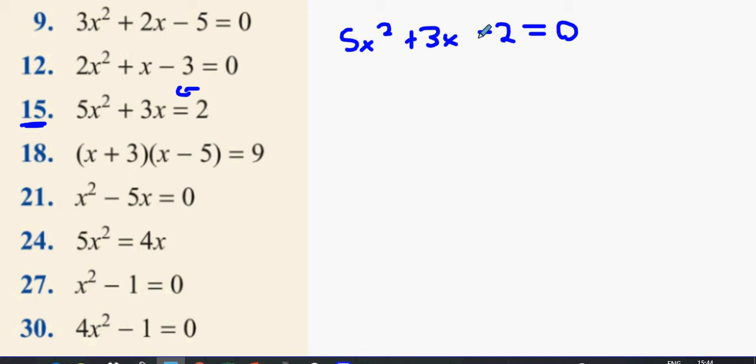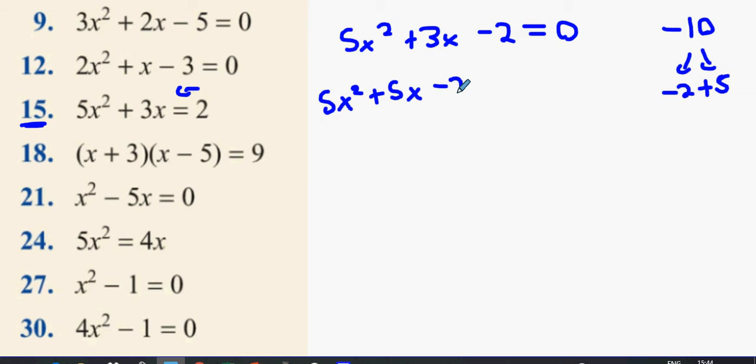Now, 5 times 2, guys? Minus 10. Two numbers that multiply to give me minus 10, but will add to give me plus 3. Minus 2 and plus 5, excellent. It doesn't matter what order. I generally like to keep them the same if I can. I find it easier. Everybody happy with that?